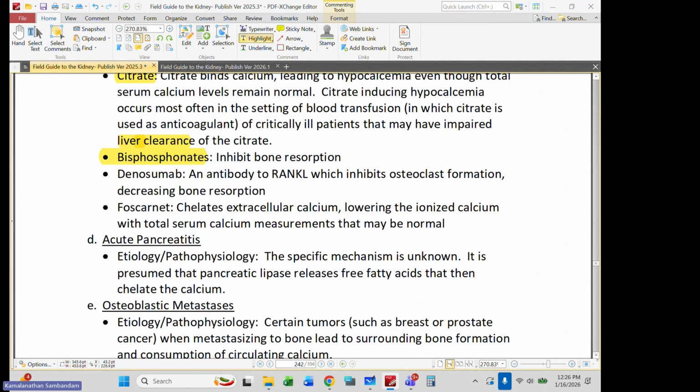Bisphosphonates, okay, they inhibit bone resorption, as does denosumab. This is a common cause of hypocalcemia in the onconephrology realm. So you'll see that low calcium. It may not be top of mind because you're frying other fish. But if you look, you'll see many of these patients, myeloma patients, breast cancer patients, those are people who very commonly, as routine care, are getting anti-resorptive therapies.